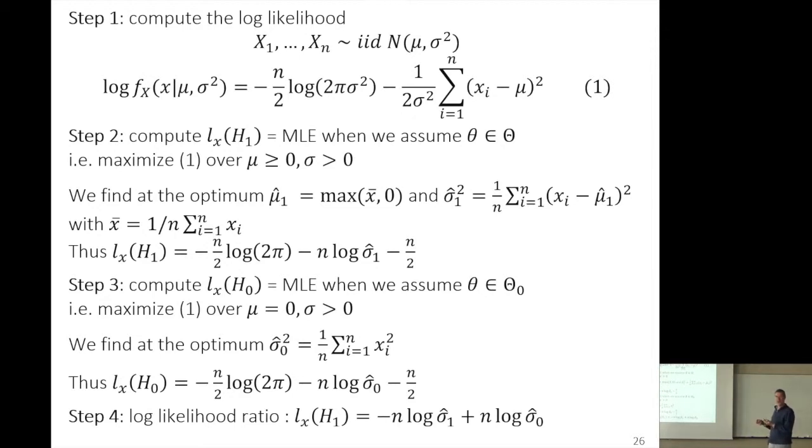One way to interpret what we do for such a test is to say, if H0 is true, here is the variance I will have for the errors of my data. If H0 is not true, I will have another variance, which of course will be a bit smaller. Minus log of this variance is the likelihood, so this one will be larger.